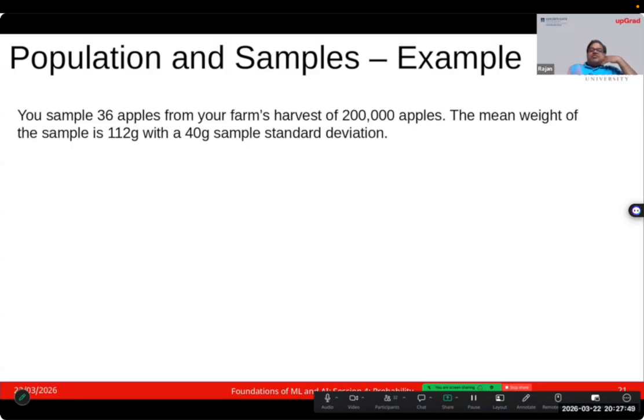So I make a hypothesis on the population. I have the details about the sample. Now I want to find whether my sample provides enough support for my hypothesis about the population. Okay. This is what we actually want to do. In real life, this is what we do.